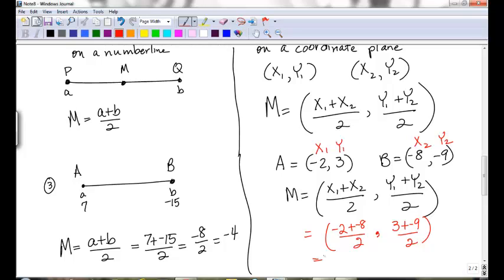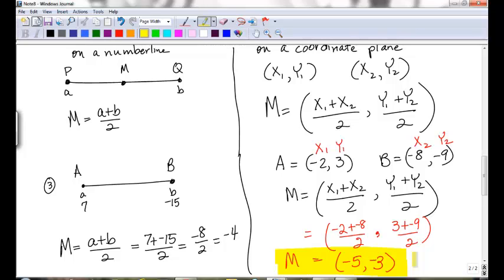-2 plus a -8, -10 divided by 2 would be -5. 3 plus a -9, -6 divided by 2 would be -3. So your midpoint is -5, -3.